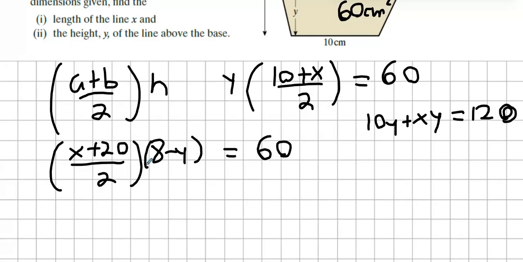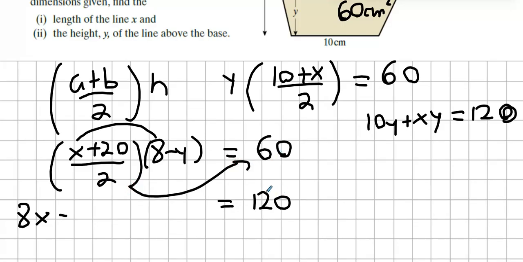Now what I'm going to do here, guys, is you see the 2 times 60? I'm just going to turn that into 120. Now I'm going to multiply this out. This is a challenging question. No, this is division by 2, and I'm multiplying it by the 60 to get 120.